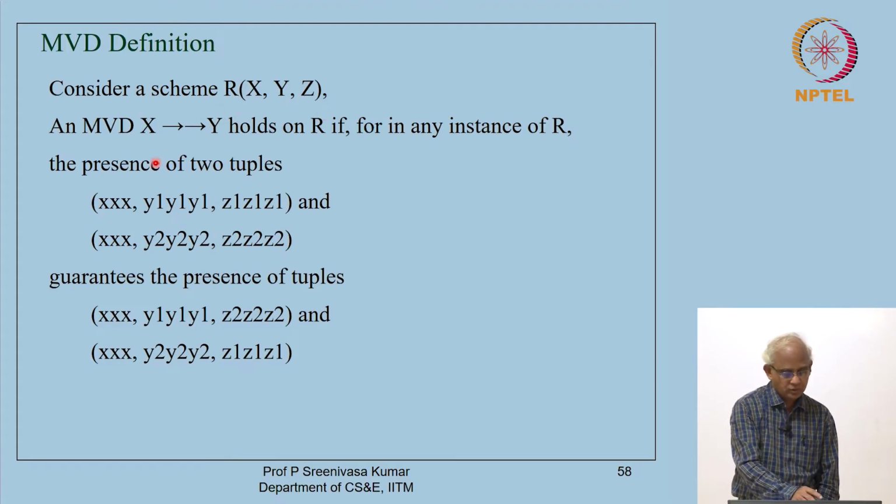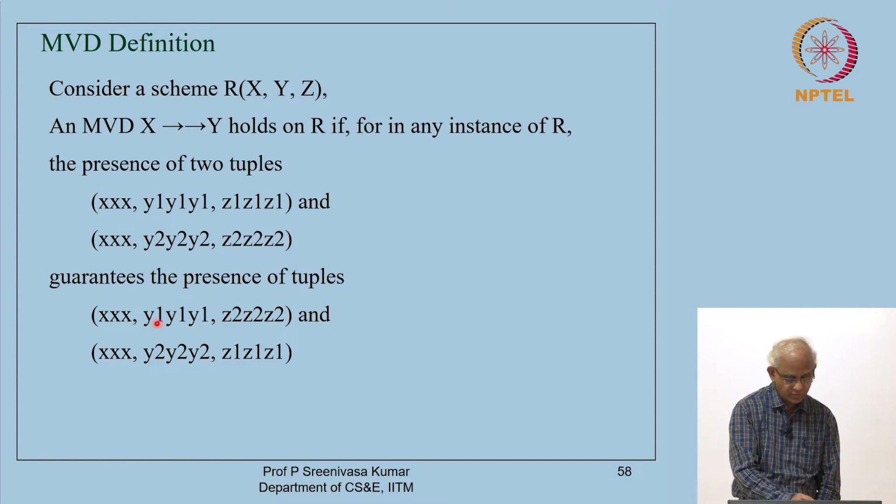The MVD X multi-determines Y is said to hold on R if for any instance of R, the presence of two tuples like x, y1, z1 and x, y2, z2, where the x values are the same and the others are not necessarily the same, guarantees the presence of the other tuples.